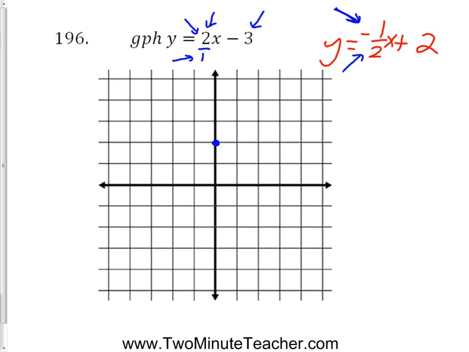This is the rise or fall, and this is the run. So I'm going to fall 1 and run 2. Fall 1 and run 2. Get the idea? There would be my graph for y equals negative 1/2 x plus 2. All right, moving on.